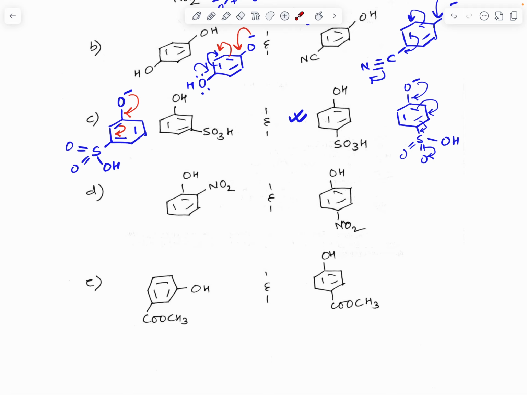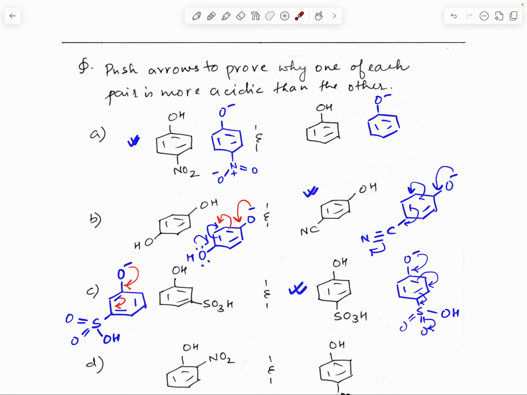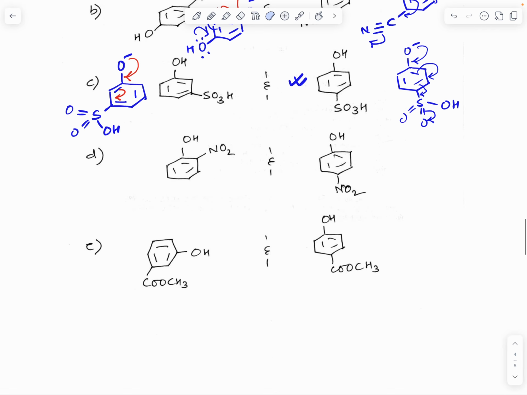In this case, this follows a very similar strategy to what we did up here. See, there was the conjugate base, and I'm just going to copy that and put that down here. So there it is, 1, 2, 3, 4. Completely stable. And then look at what happens out here.